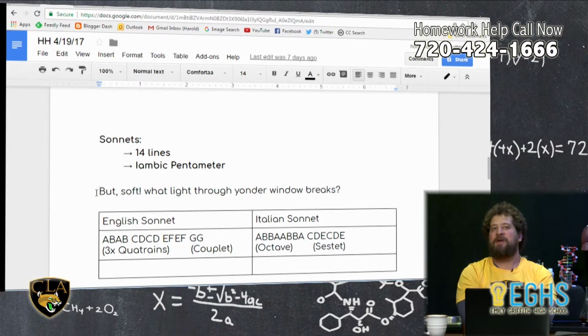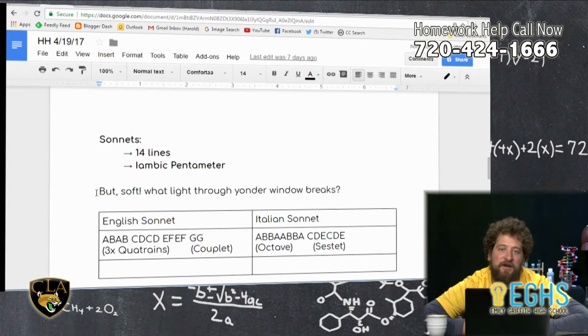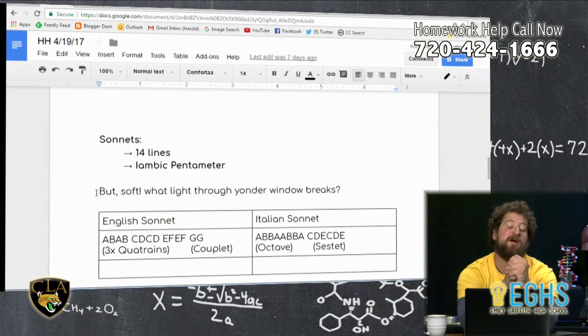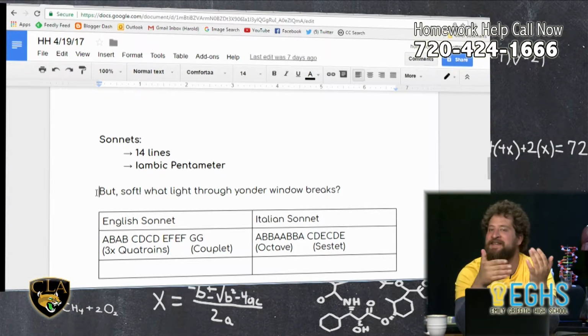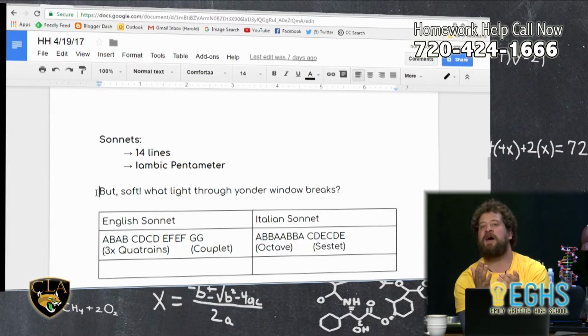I'm not sure who developed iambic pentameter, or if there's somebody that's known to be the original developer. I can look into that and see if there was a specific person. But in the time of Chaucer and Shakespeare, iambic pentameter is being used heavily. It's said that most of English poetry that's ever been produced has been written in iambic pentameter.